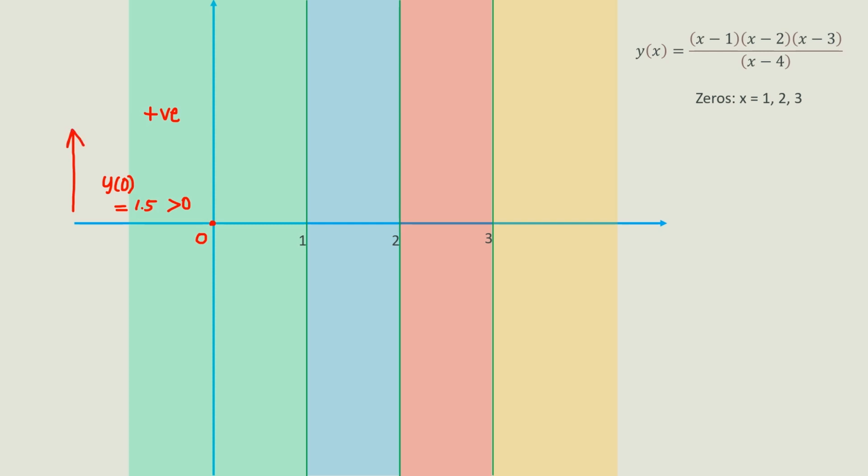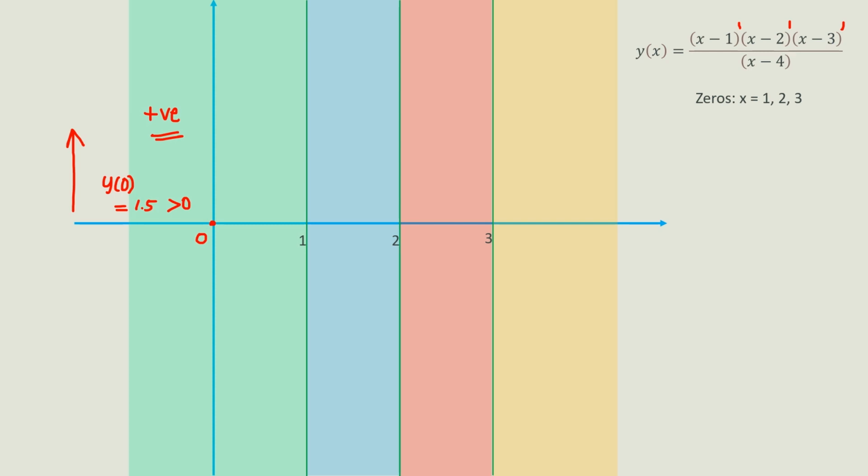The value of the function between 1 and 2 would be negative. Since we are talking about linear factors which have only odd or even powers, if you know the sign of the function in one region, you can directly draw the actual function.